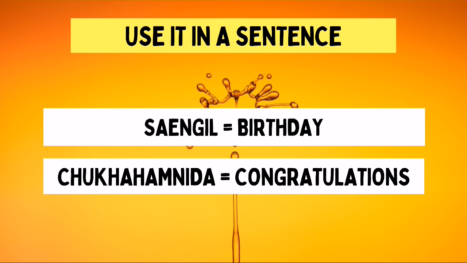The second part of the sentence is 축하합니다, and this is a formal way of saying congratulations. So, when you say 생일 축하합니다, it's the same as saying congratulations on your birthday. This is the direct translation, but this can also be used to say happy birthday. So again, congratulations on your birthday is the same as saying happy birthday in Korean.